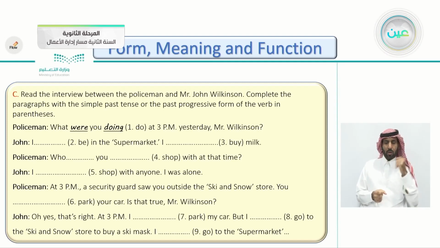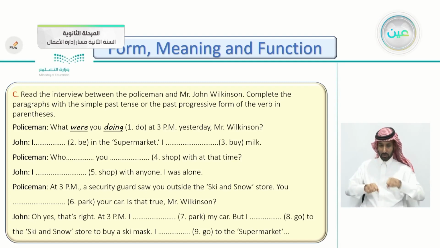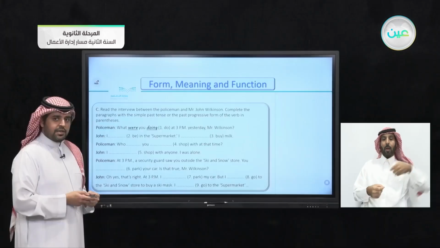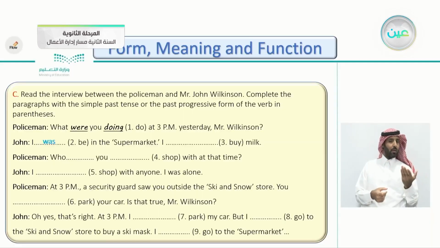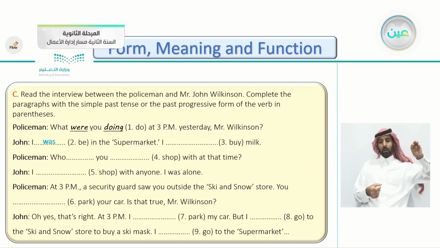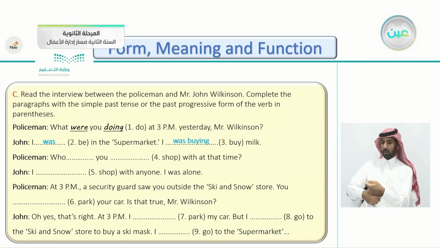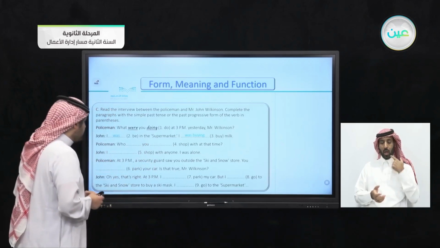At 3 p.m. yesterday, Mr. Wilkinson. John, I was in the supermarket. I was buying milk. Yes, I was in the supermarket. And the verb buy here: I was buying milk, because this is in the past and it was taking time. I was buying milk.